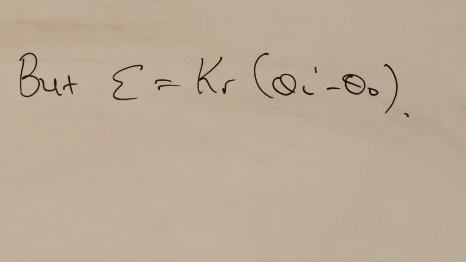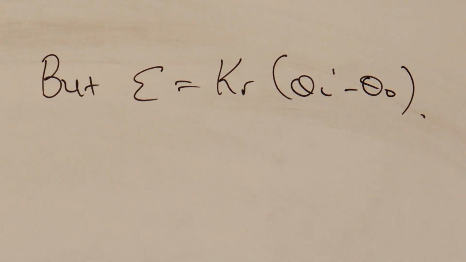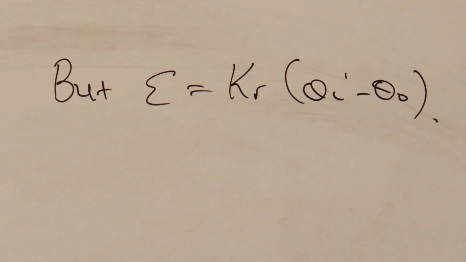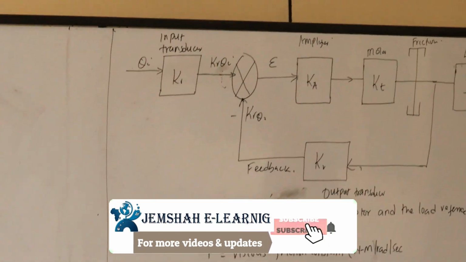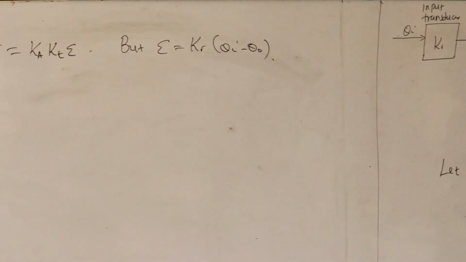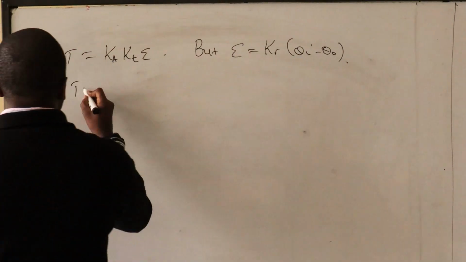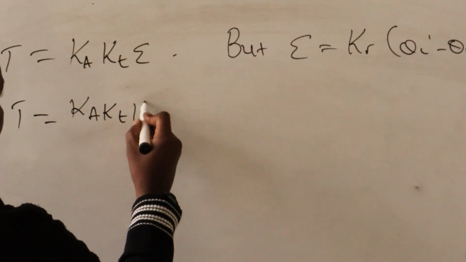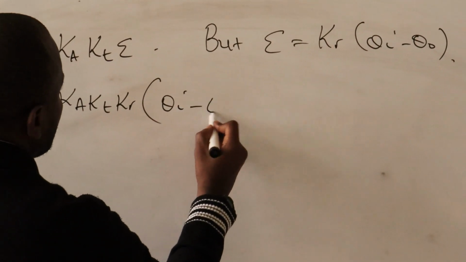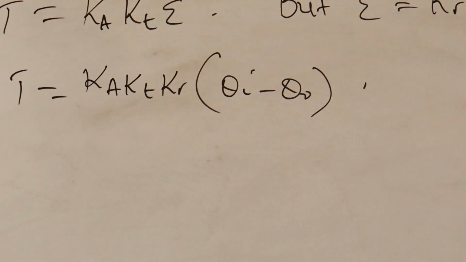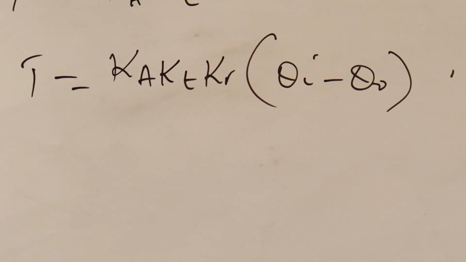Therefore the torque T will be equal to Ka, Kt, Kr into theta I minus theta out. That is now what we are going to have as the torque.